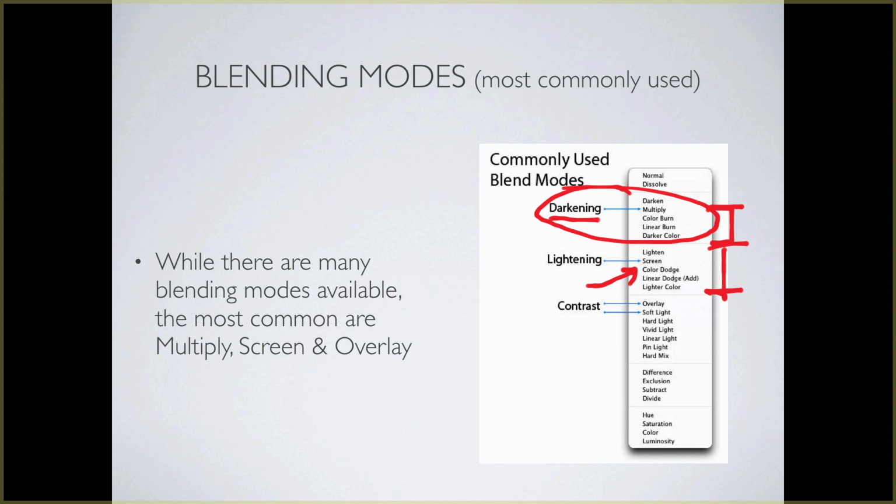And then finally we get into this section here, which is about doing both the lights and the darks at the same time without affecting the middle values. So we're going to darken the darks and lighten the lights. And the two that we'll use in this class will be overlay. We use that one a lot. And then the other one is soft light. We're going to use that a little bit later on in the semester, but I'll point it out now.